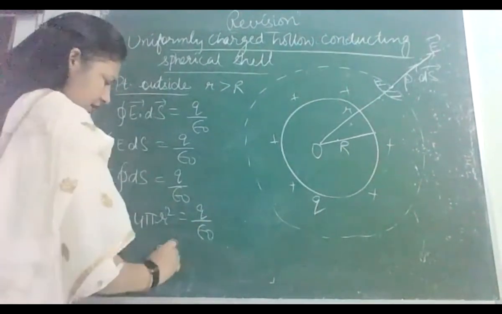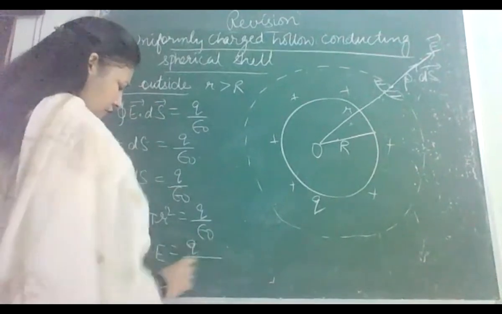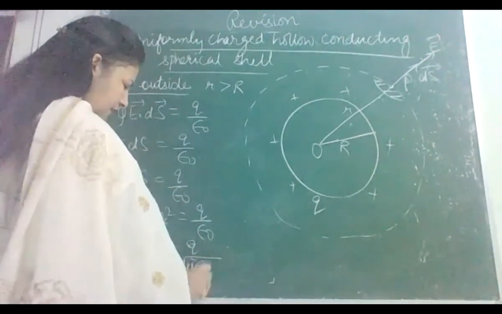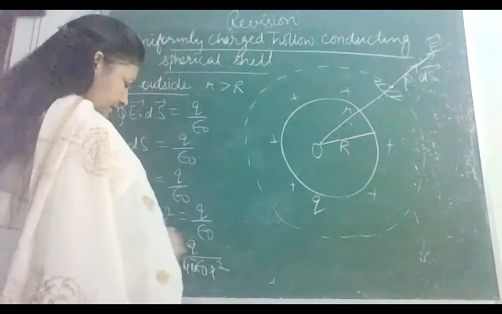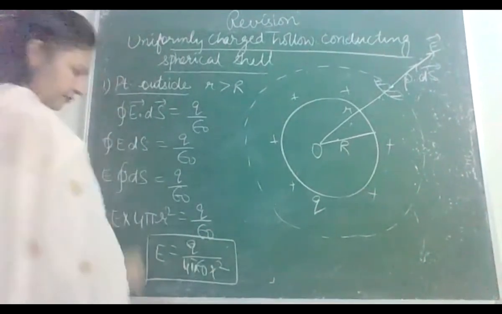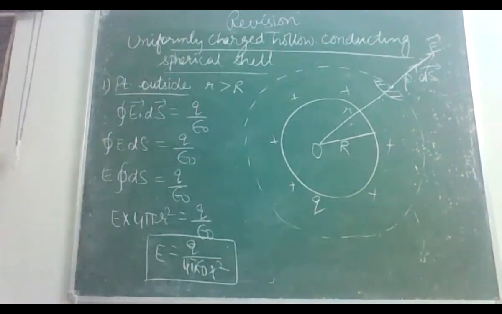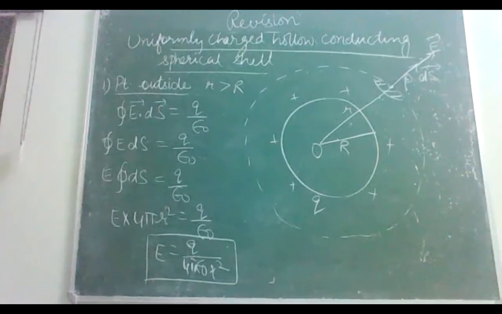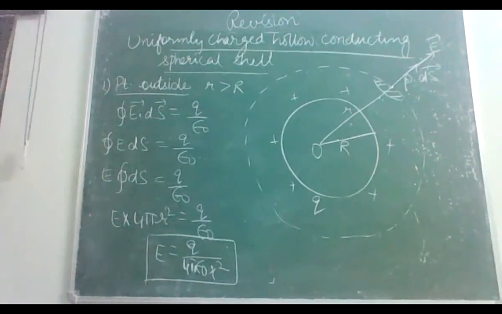So we get E is equal to Q over 4 pi epsilon naught r square. This is the same formula, kq by r square, that we get due to a point charge. So when the point is lying outside, the shell behaves like a point charge.